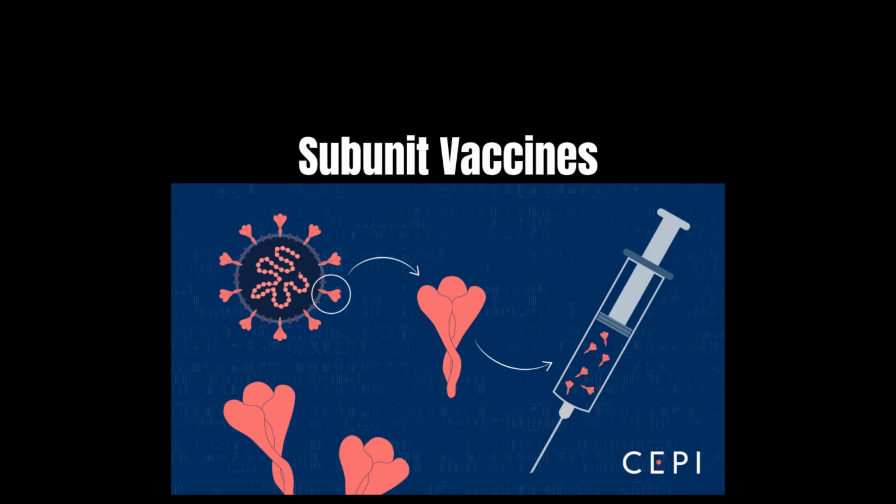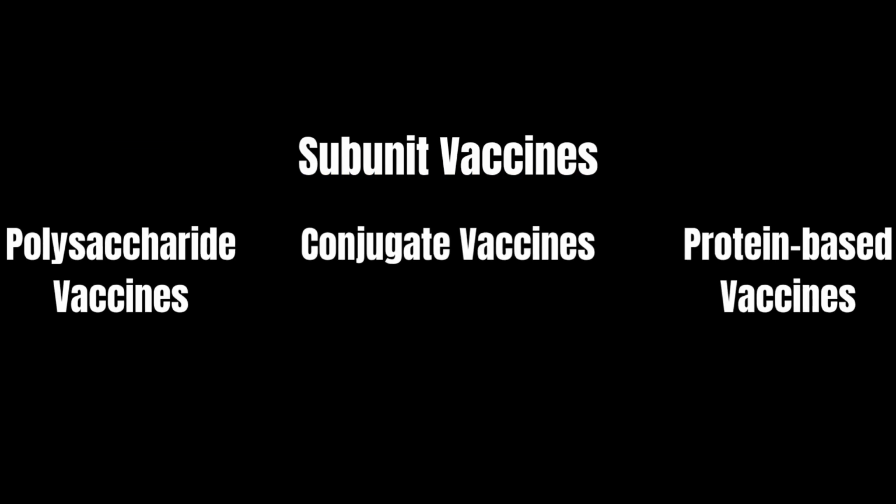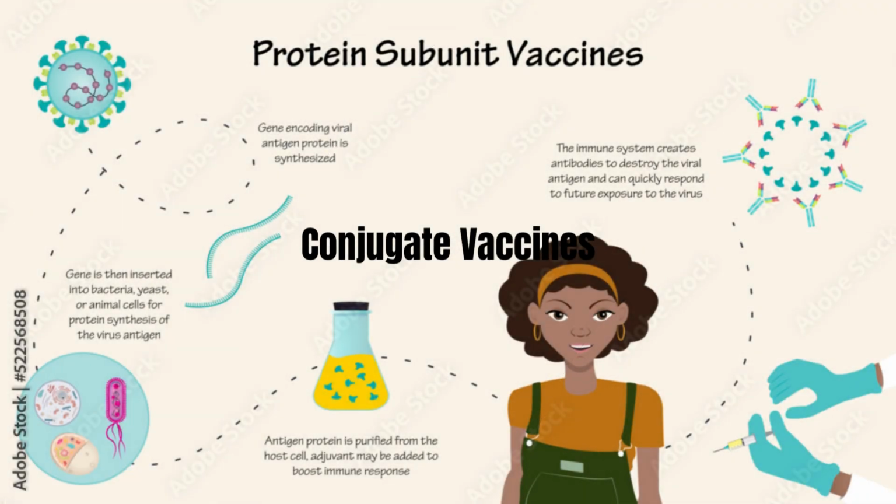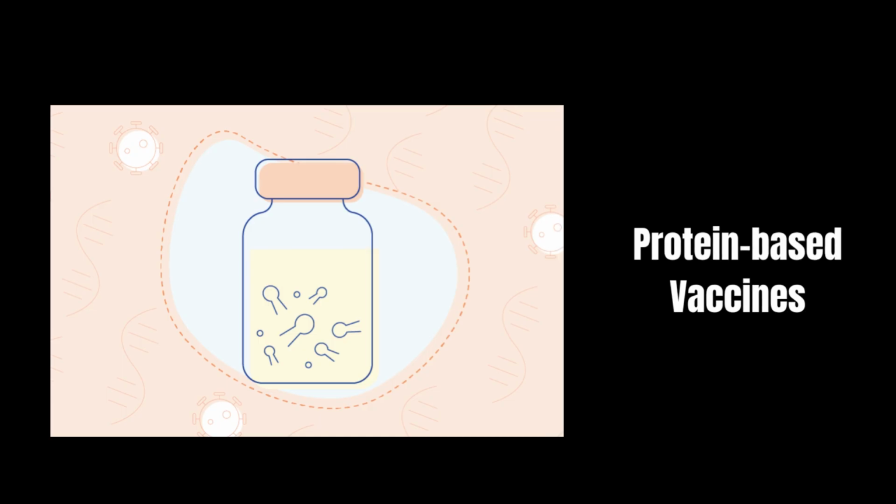The third type of vaccine is the subunit vaccine. Instead of using the whole organism, subunit vaccines use just a piece, like a protein or sugar on the surface. There are 3 subtypes of this vaccine: polysaccharide vaccines, which target sugar coatings on bacteria, conjugate vaccines, which attach those sugars to proteins, making the immune response stronger, especially in kids under 2, and finally, protein based vaccines, which target specific proteins on viruses or bacteria, helping your body neutralize them.